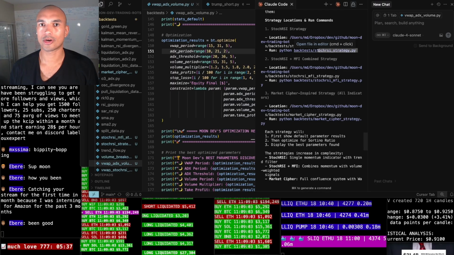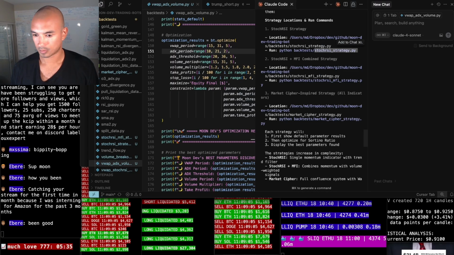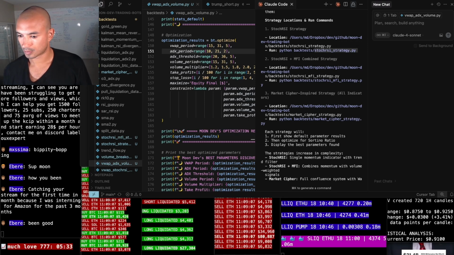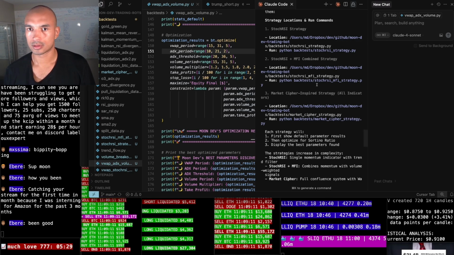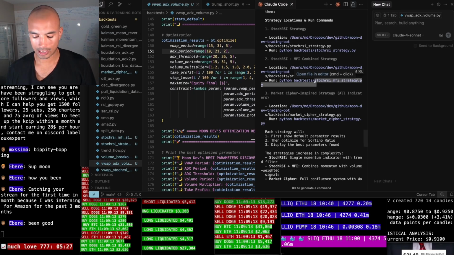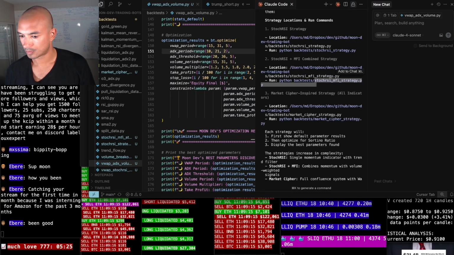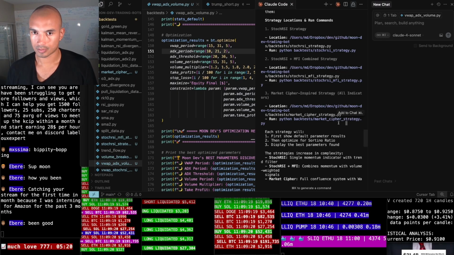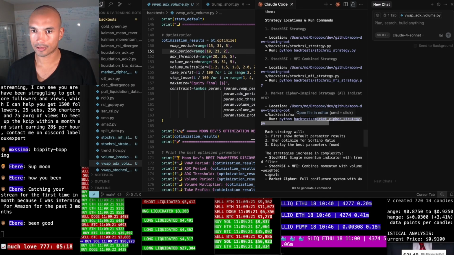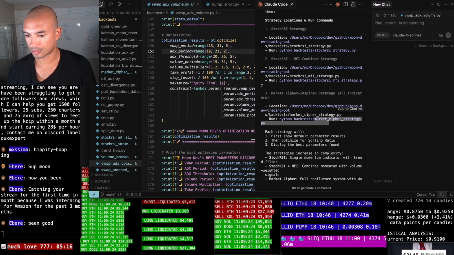So we got the Stoch RSI. We got the Stoch MFI RSI. We got the market cipher strategy.